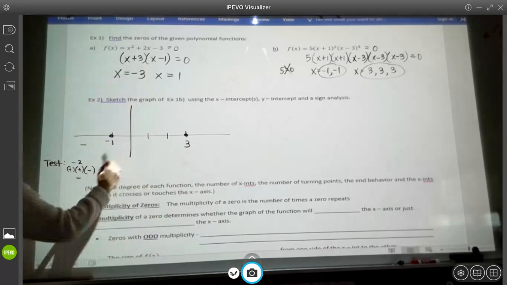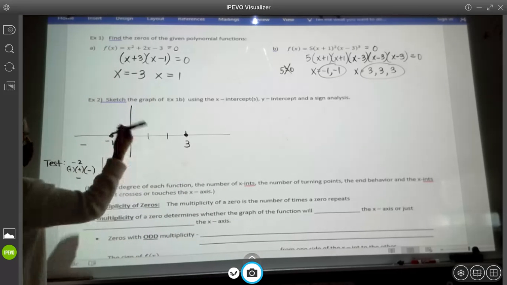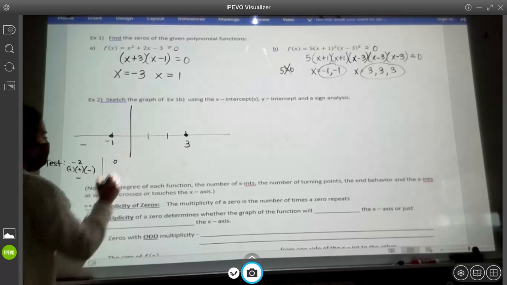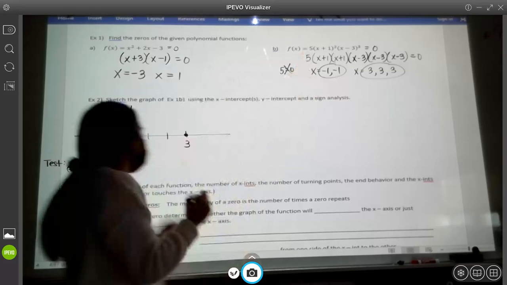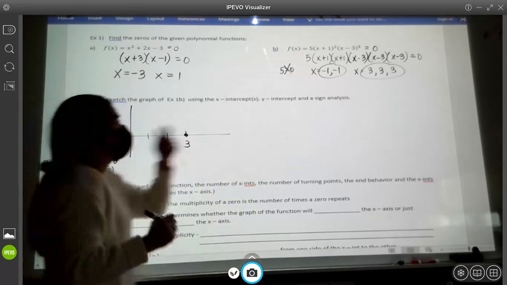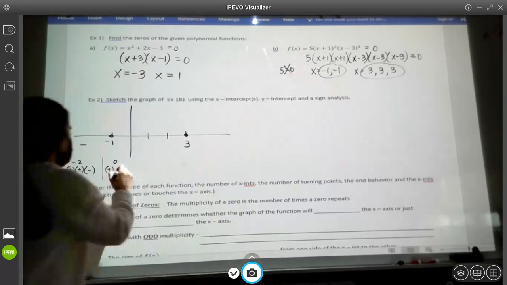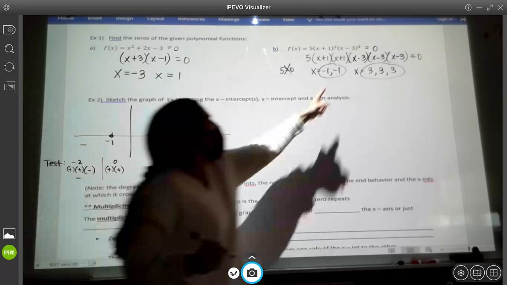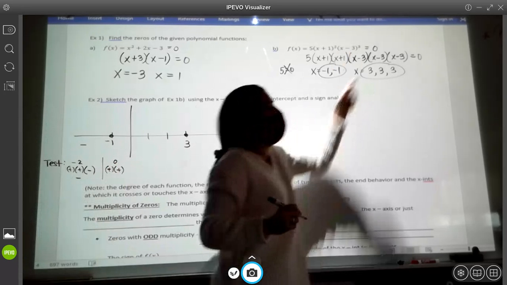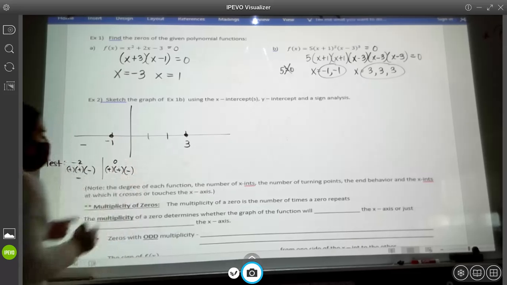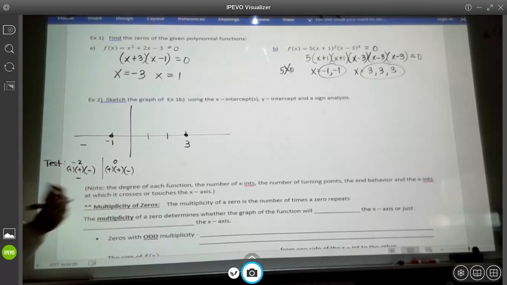All right, if I pick a number in between here, let's do 0. 0 is easy. That would be a +5 times 0 plus 1 squared, which is definitely a positive. And then 0 minus 3 is negative, to the third power is still negative. So a positive times a negative is negative.